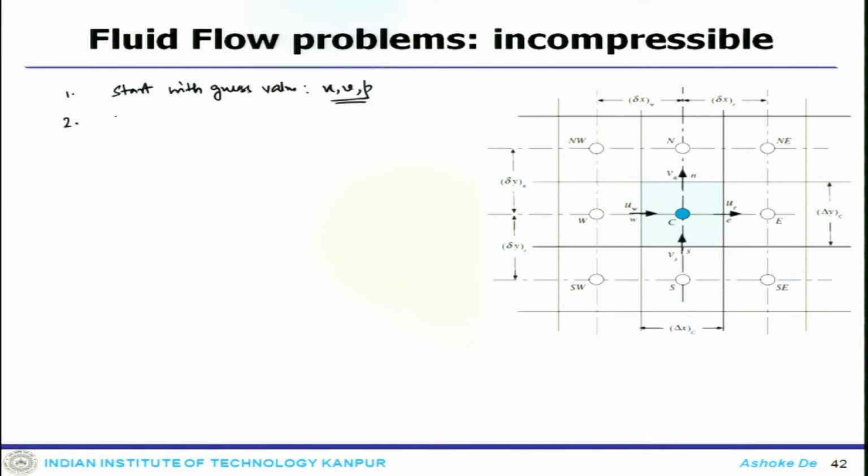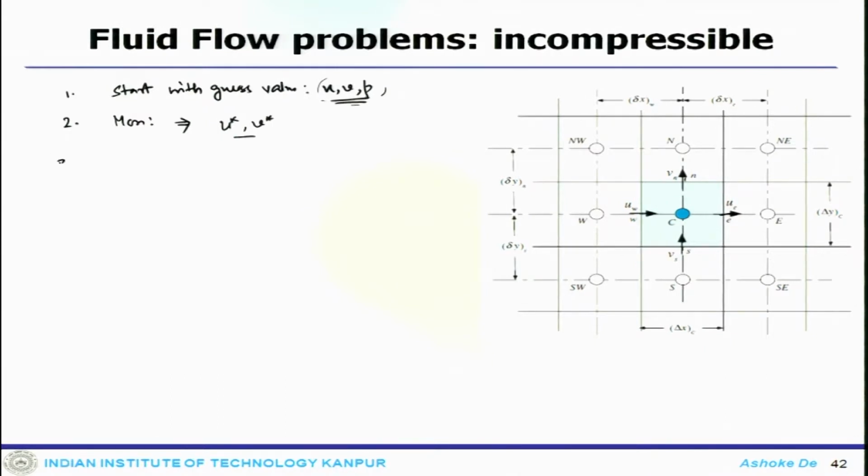Then you solve momentum. Once you solve momentum, you get all the u star, v star, the intermediate field, using the guess value. So, you have to solve two momentum equations for u and v, which will be stored at the cell faces.